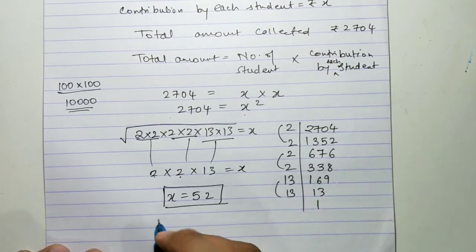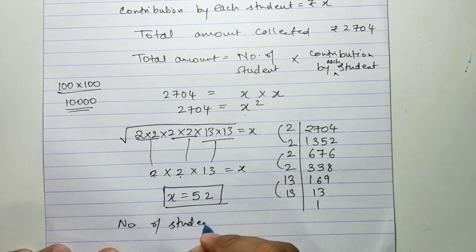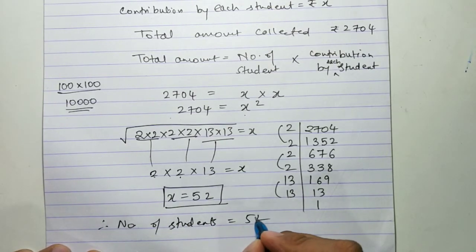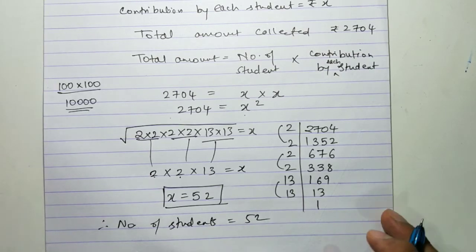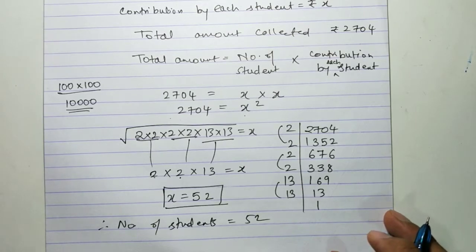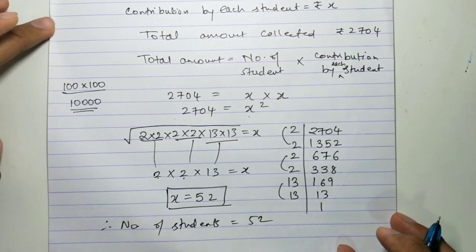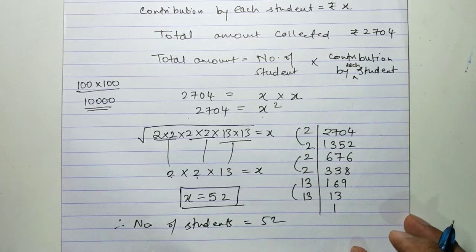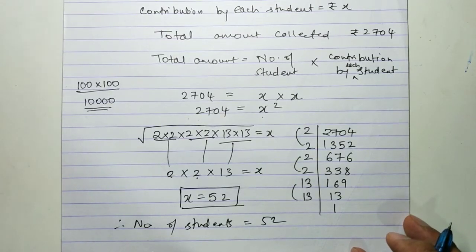So that means the number of students were, write a statement. Therefore the number of students are 52. The next question, the question number 17 is also on similar lines.